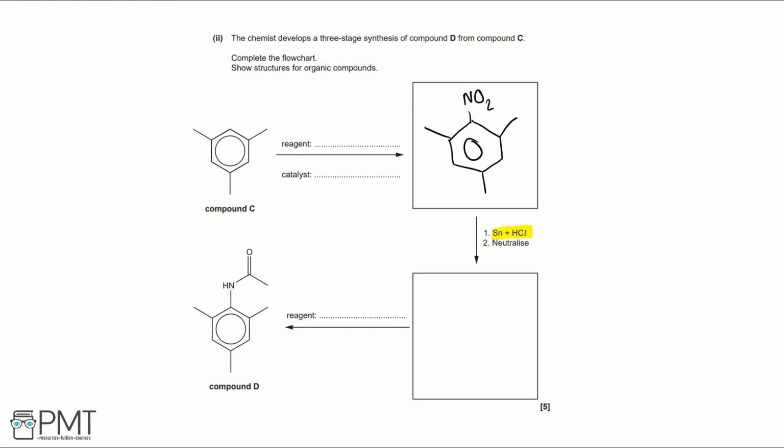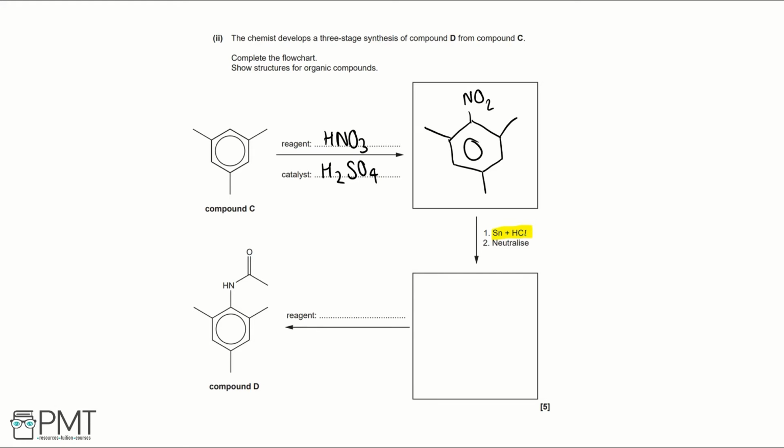And the reagent for this is nitric acid, so HNO3, and then your catalyst is going to be sulfuric acid. So this is another example of electrophilic substitution, which we've covered in a previous bit of this question. But if you wanted more practice, you could use this as your example.